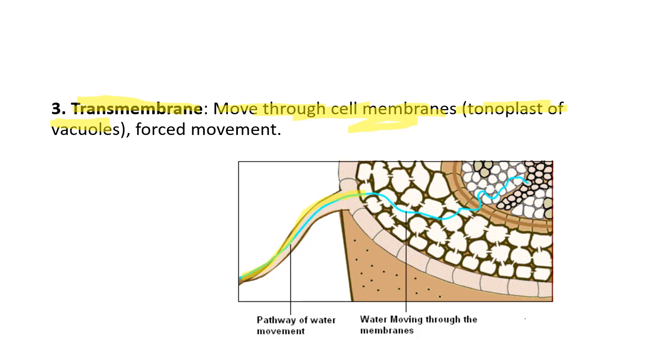At this juncture, the water is forced to move through these cell membranes. That cell membrane is the tonoplast of the vacuoles. Such a forceful movement is necessary so that it can reach the xylem vessels.